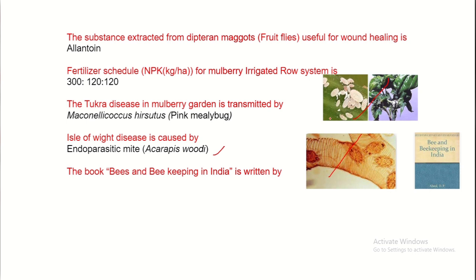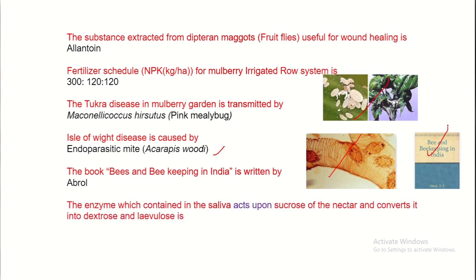The book Bee and Beekeeping in India is written by Abrol. The enzyme contained in the saliva that acts upon sucrose of the nectar and converts it into dextrose and levulose is invertase.